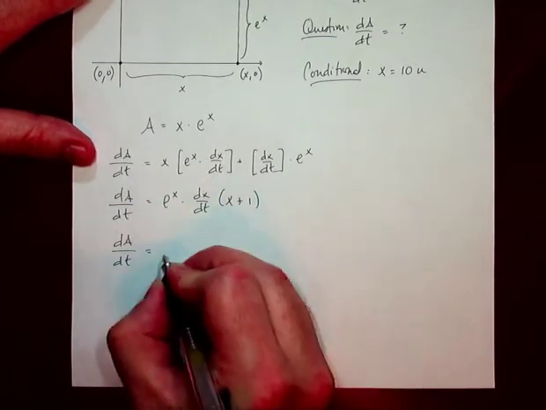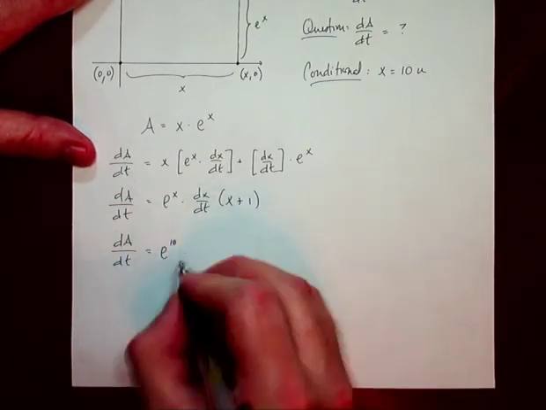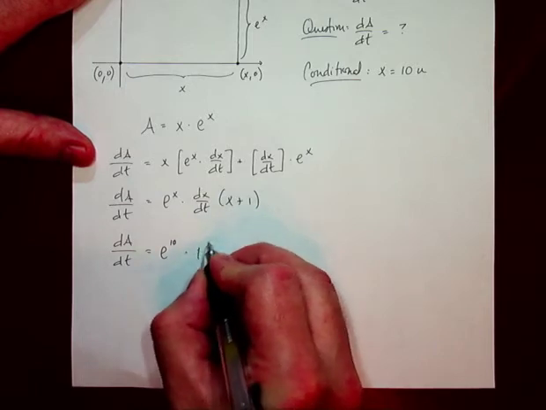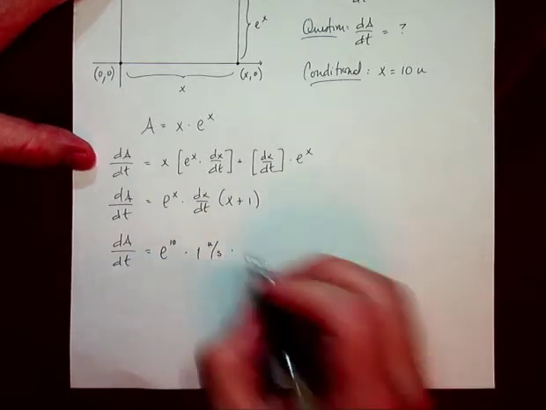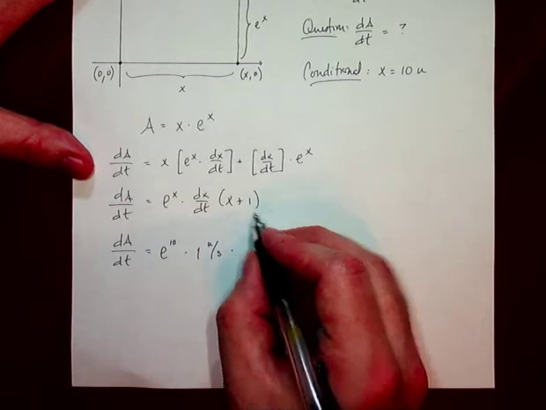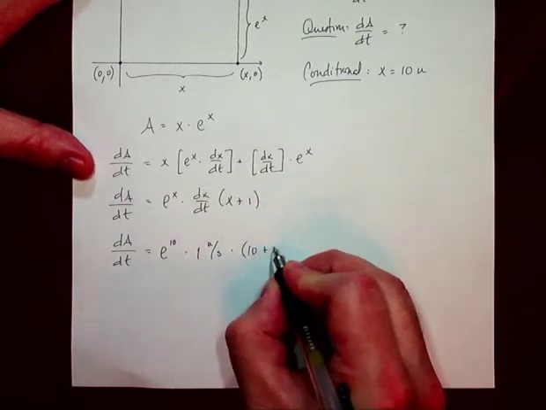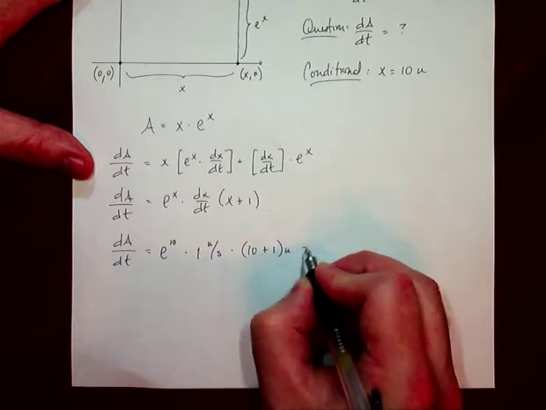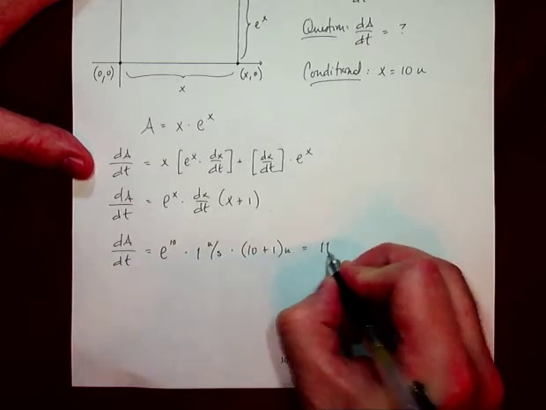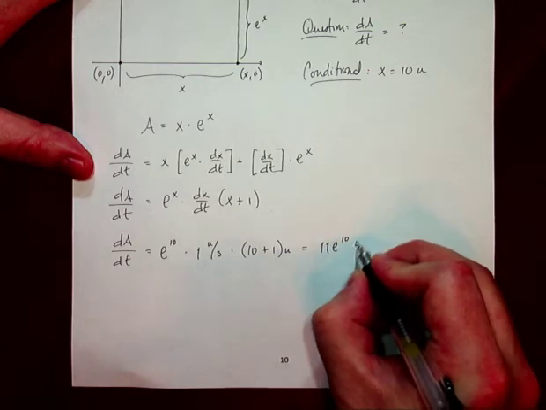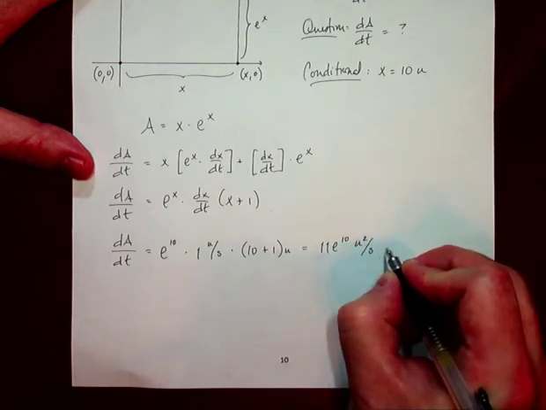If x is 10, then e^x is e^10. dx/dt is 1 unit per second, and x right here is 10 plus 1 units. And therefore, what I get is 11 e^10 units squared per second.